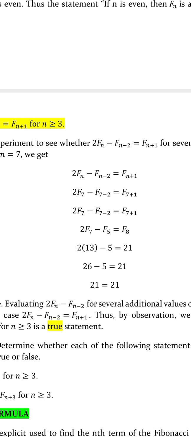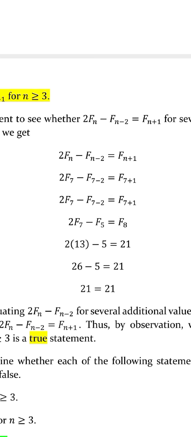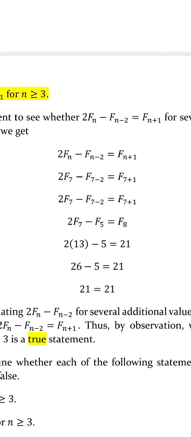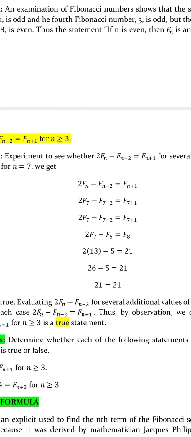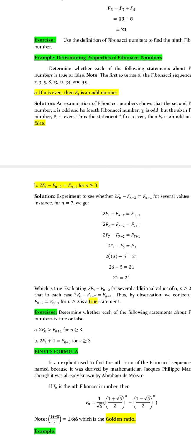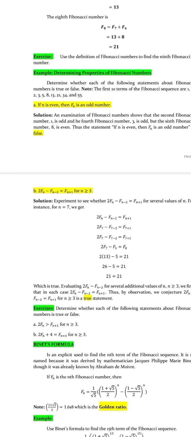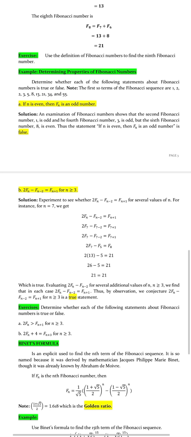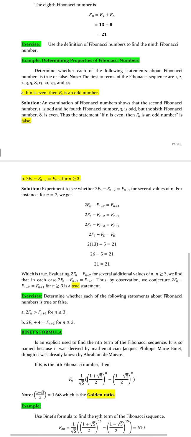F sub 8 is 21. Let us now examine if they are really equal. 2 times 13 is 26. Minus 5 is equal to 21. So, 21 is equal to 21. Whatever value of n you try, you can try 8, 9, the statement will be satisfied.